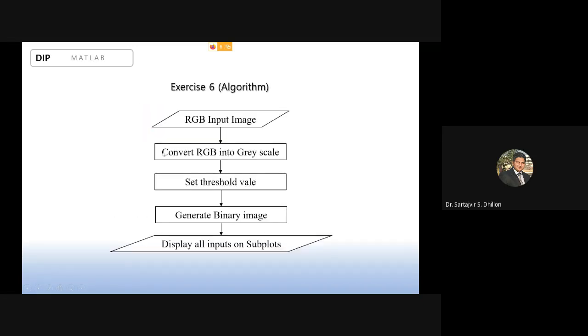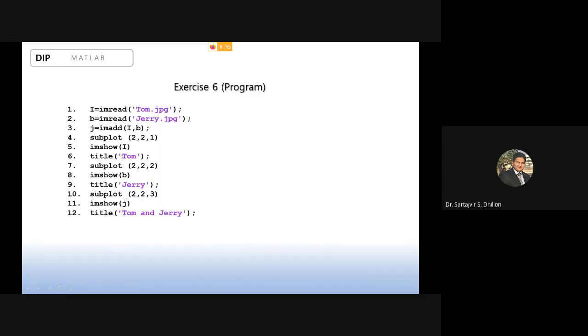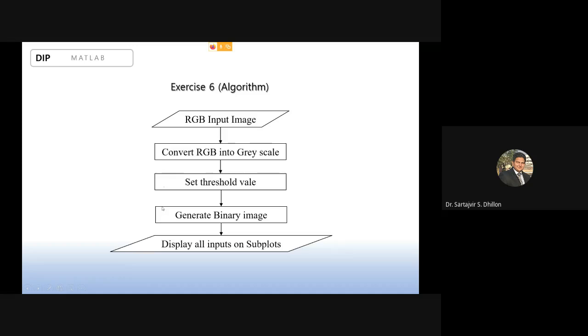And this is the algorithm. Okay, there is some problem in this algorithm, so please avoid it. We need an RGB image, and if you are using grayscale, then you need not convert it into grayscale form. Please ignore these two steps because they are related to the threshold.